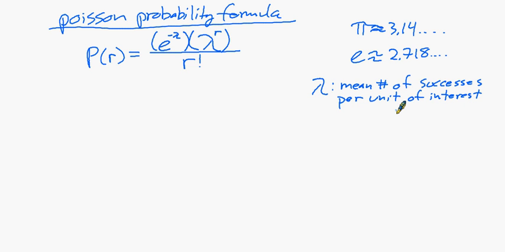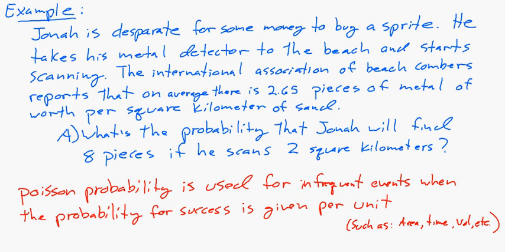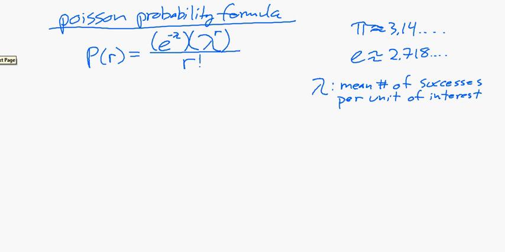Now, if we go back to the question, our per unit is square kilometers, except that how many square kilometers does Jonah search or scan? We have 2. He searches 2 square kilometers. So our lambda has to be based on 2 square kilometers. That's the unit of interest.